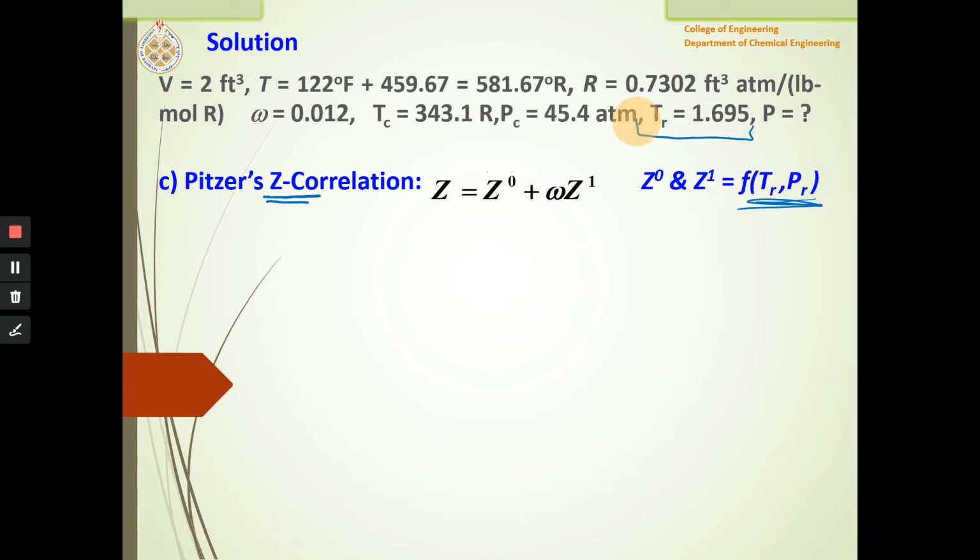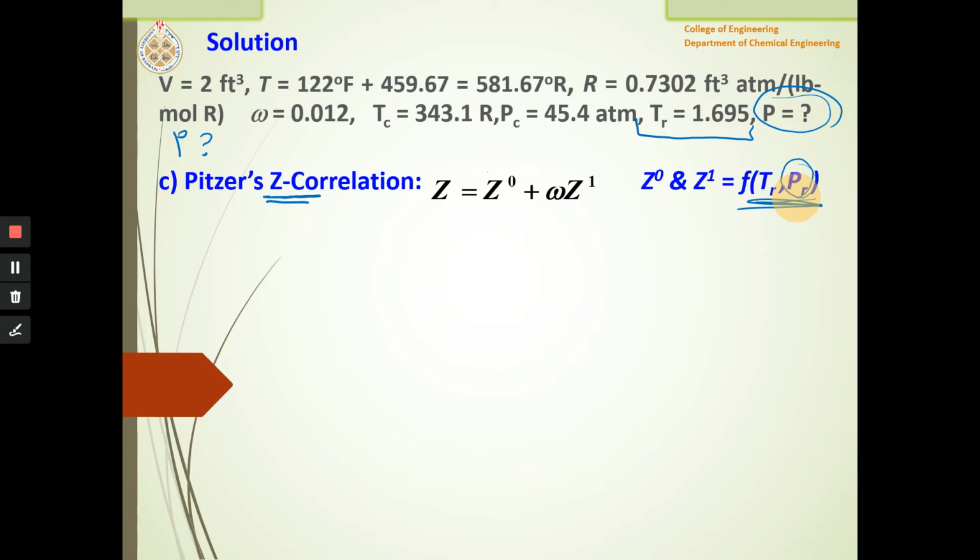But the problem mainly here is with the PR. How can I get PR if I don't have P? Remember, in the question, they were asking for P. The question itself, they were asking for P. So if I do have PR, then why do I have to use Pitzer correlation? I mean, in the question, they need P. So I have a problem here. I cannot get Z0 and Z1. So what is the trick behind this?